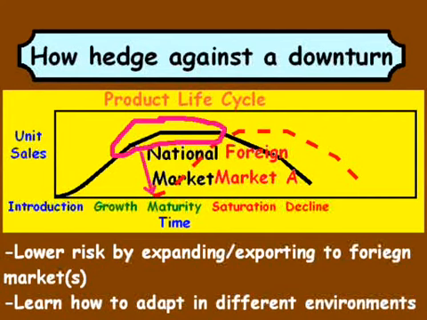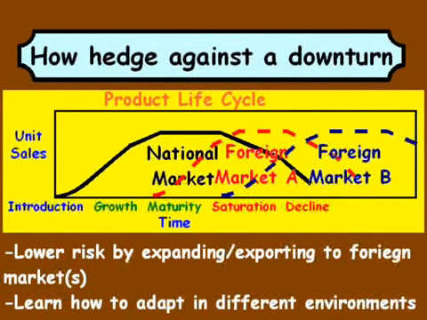We don't want to wait till we're saturated or in decline to start pursuing that because it's more difficult in that segment because our competition may have already entered that market as well. And essentially that is how a company extends a product life cycle.